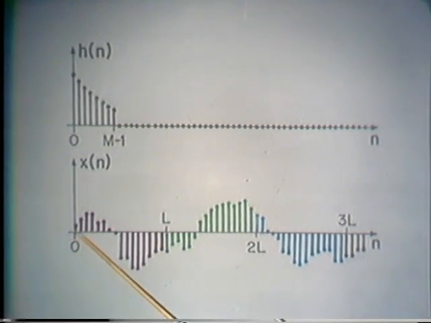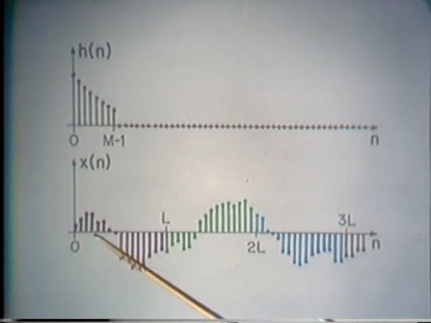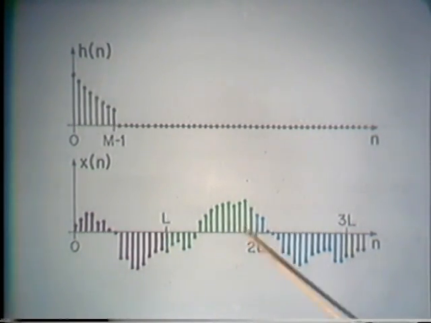So if we section the input, x of n, we can then form a set of sequences, each one of which corresponds to one of these sections and is 0 outside the interval that I've indicated for each one of these colored sections.